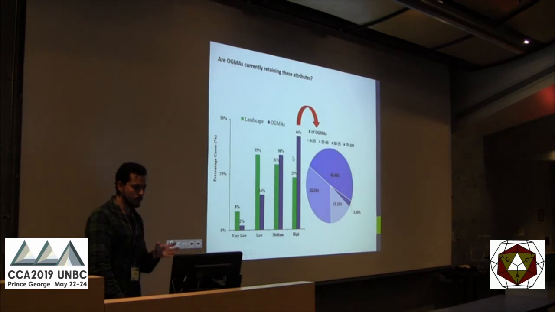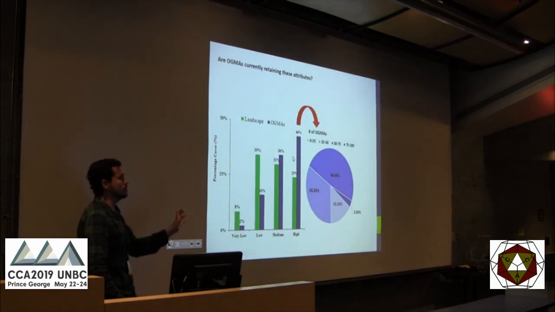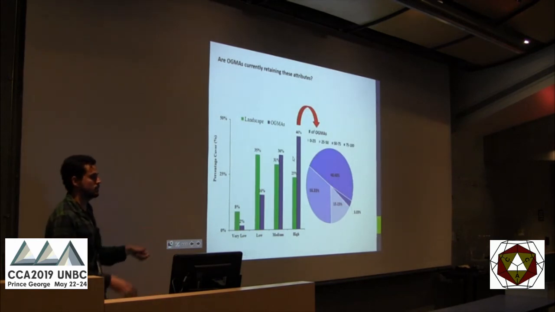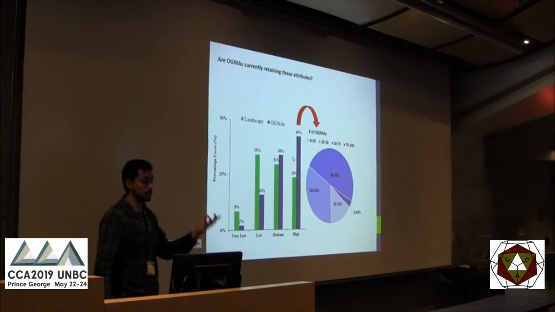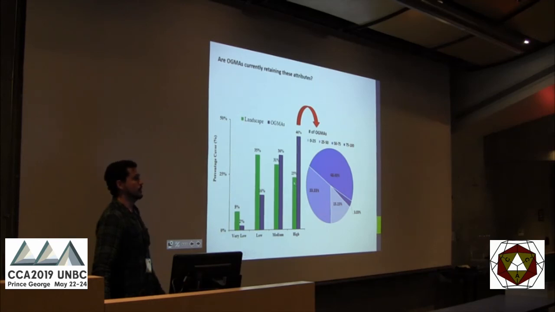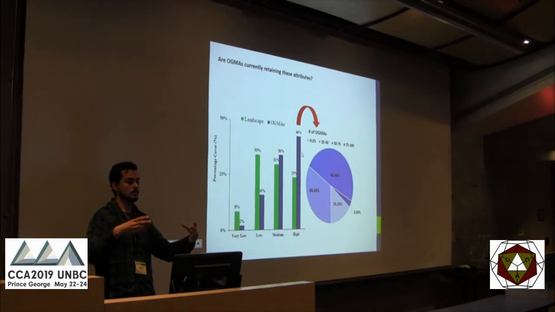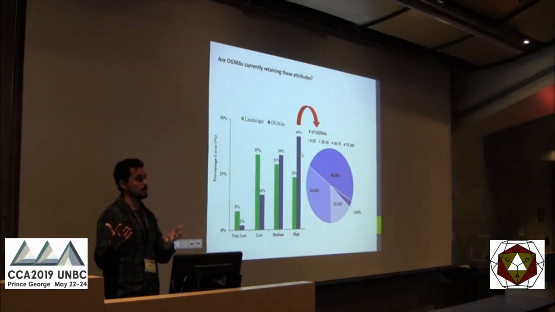Just to show a little bit of what I did, I got this map of old growth index and checked how forests are doing in Burns Lake, Chinook Community Forest. In the landscape, I saw that 25% is covered by forests with high value for old growth. If I look only inside the OGMAs, this goes up to 46%.